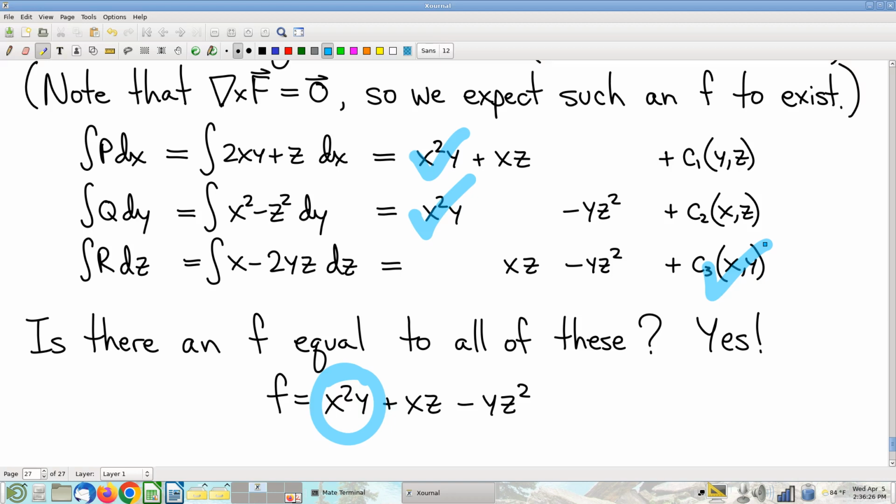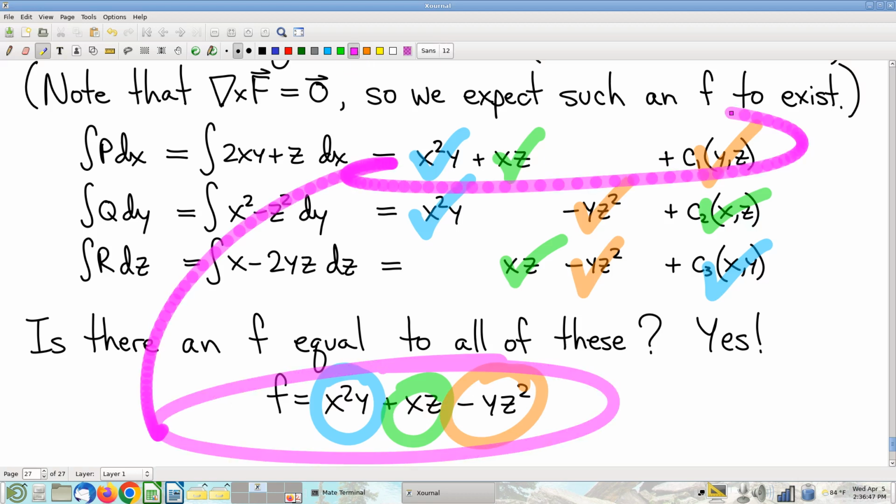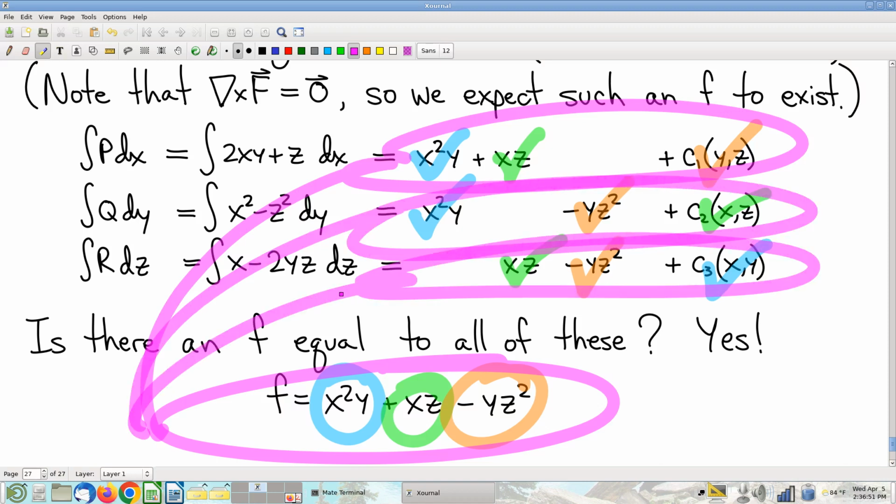And then likewise, xz is there and there and there. Right? And minus yz squared is there, and there. So sure enough, we have found a single function that is equal to all three of these things. So that's my antipartial. Everybody good?